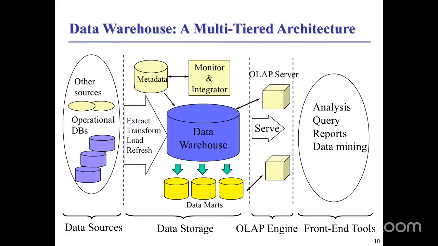The data warehouse is connected to data marts, with monitoring and integration operations, and afterwards we have the OLAP servers. Finally, we can perform analysis: queries, reports, and data mining.